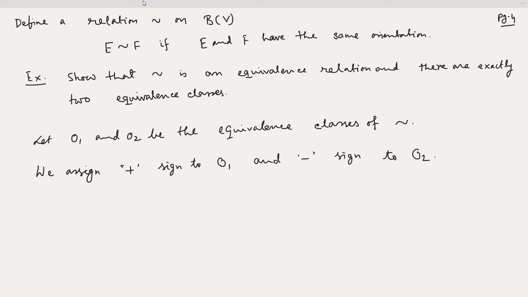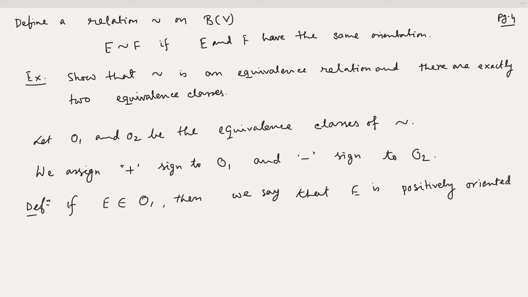Okay, so now definition: if an ordered basis E belongs to O1, then we say that the ordered basis E is positively oriented, and if E belongs to O2, then we say that E is negatively oriented.